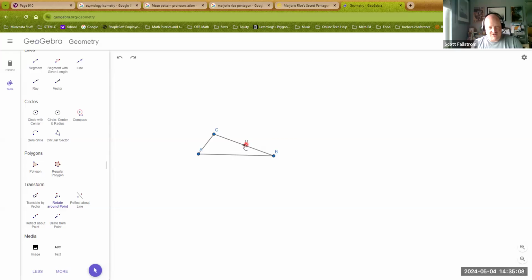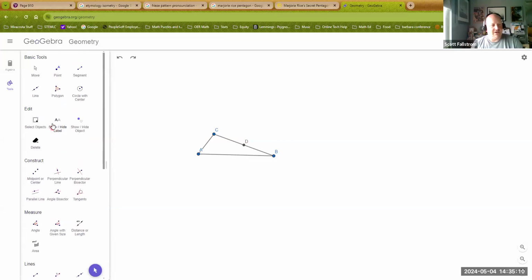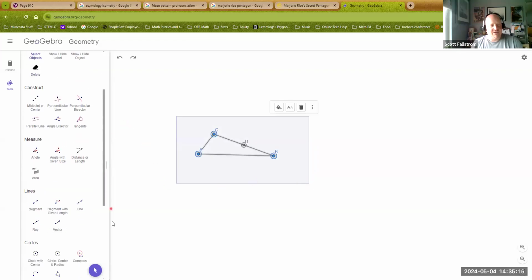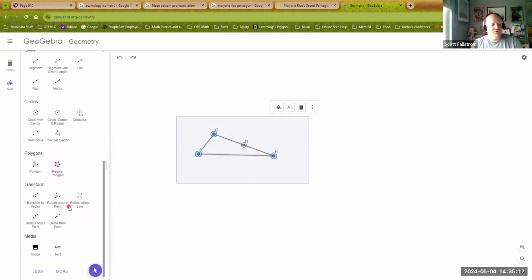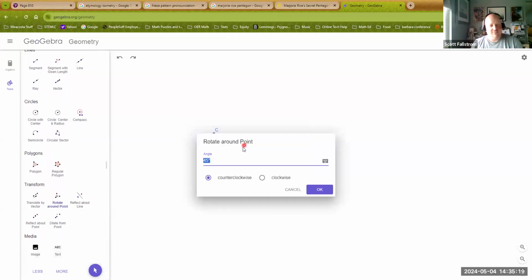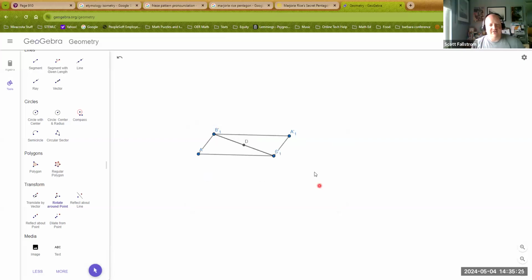I don't want that shape, so I go back up and select again. This time I'll rotate around that point by 180 degrees. Click, point, 180. It doesn't matter whether I go clockwise or counterclockwise, because 180 will get me right there. Oops, I must have had point selected. Did not mean to have point selected.